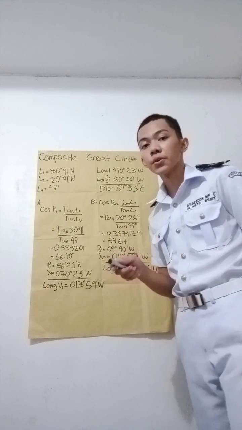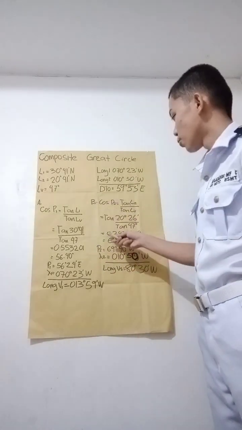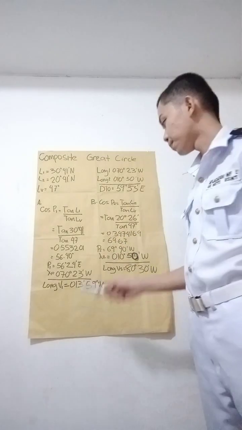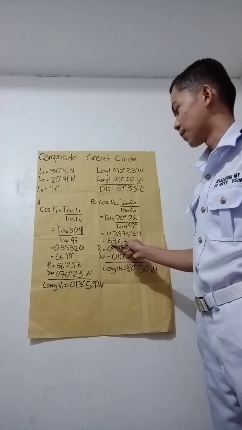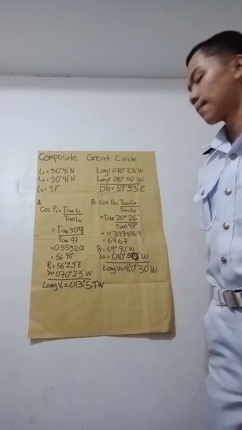Then use your scientific calculator and type shift cos 0.3474169 is equal to 69.67 degrees.